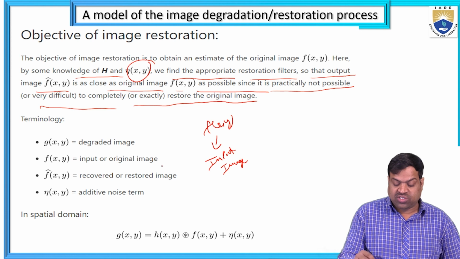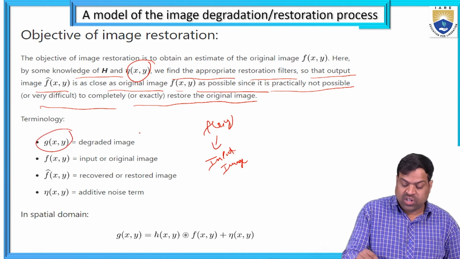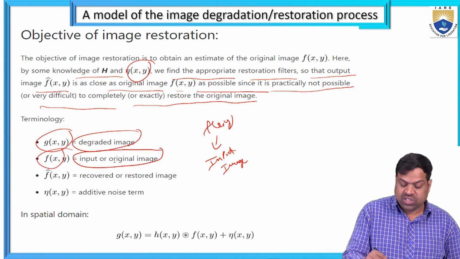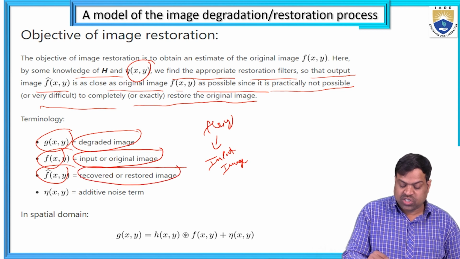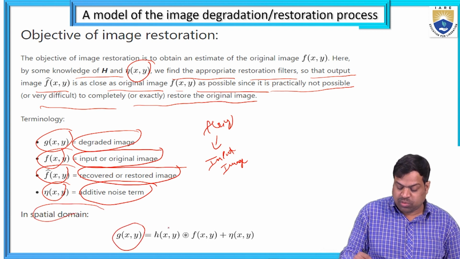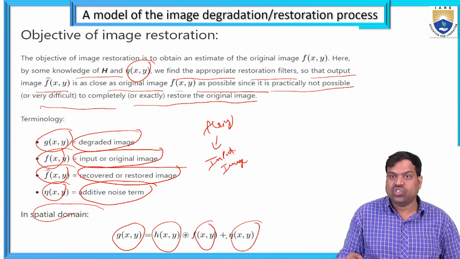So the terminology is: g of x, y equals the degraded image, f of x, y equals the input image, f dash of x, y equals the recovered or restored image, and nu of x, y equals the additive noise function. So what is the spatial domain equation? g of x, y equals h of x, y times f of x, y plus nu of x, y.